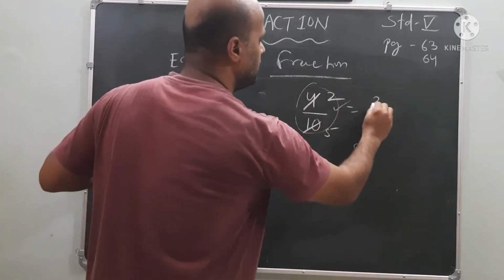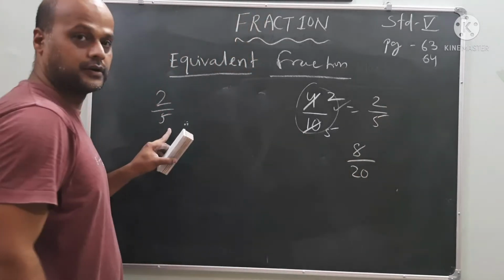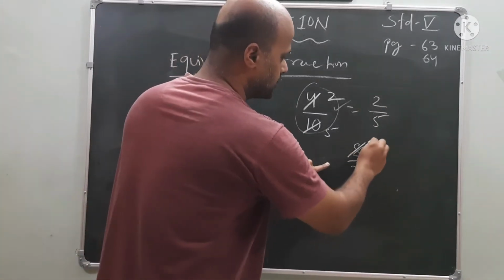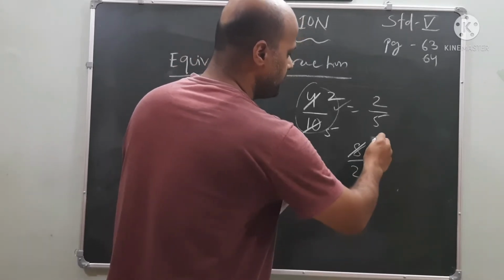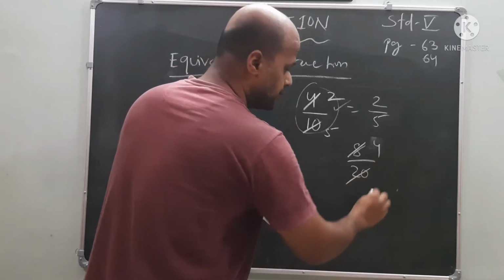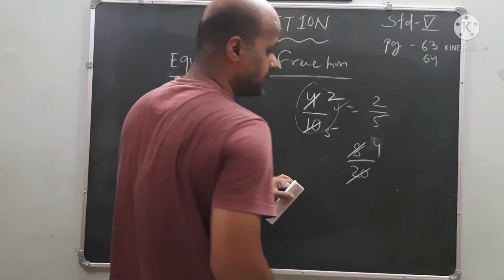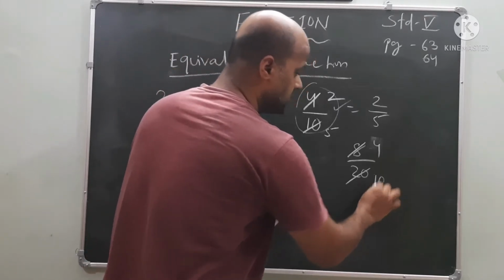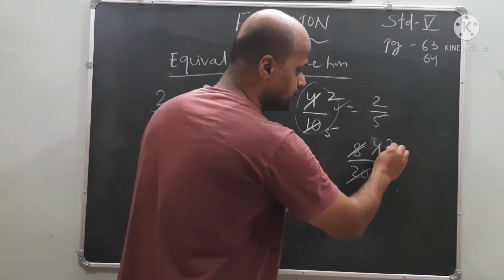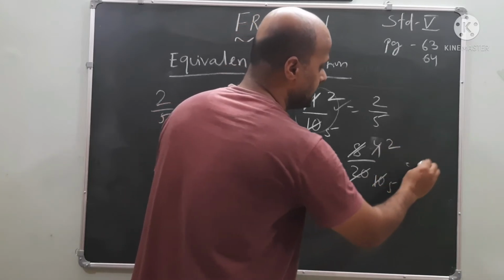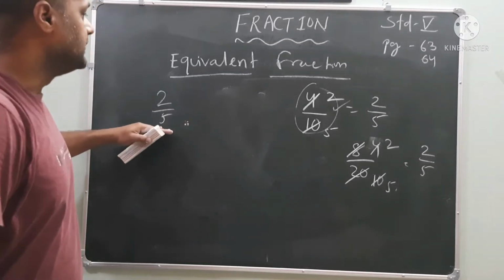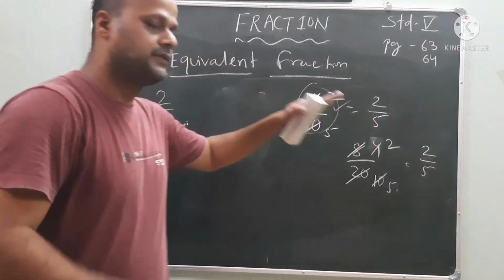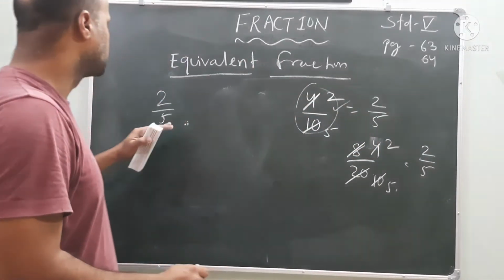Again 2 by 5 came or not? Here 4 2s are 8, 2 10s are 20. Again, 2 2s are 4, 2 5s are 10, and 2 by 5. So in this manner, if I cut it also, the result comes like this.